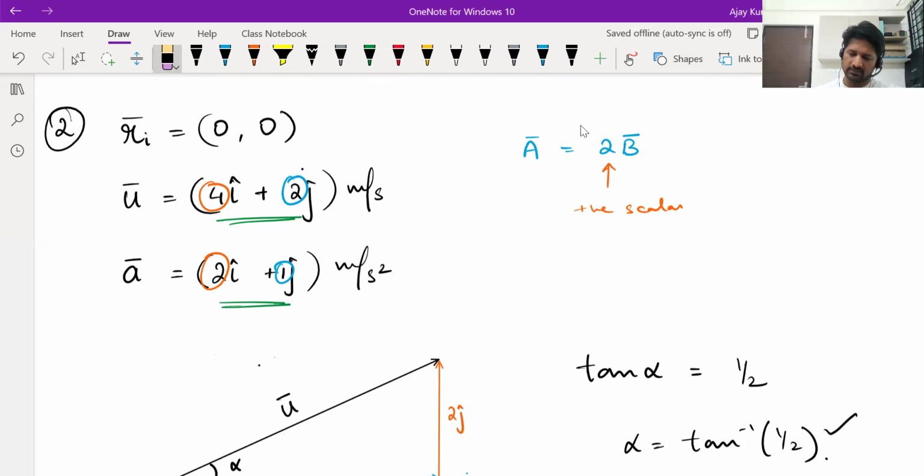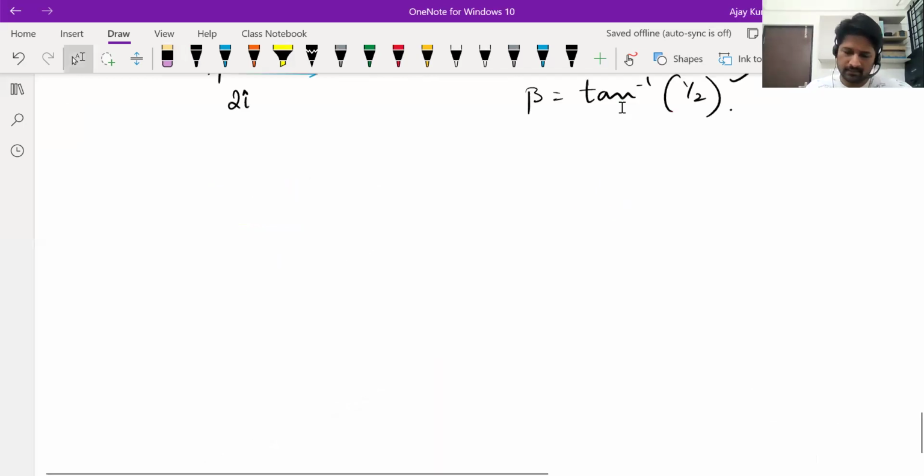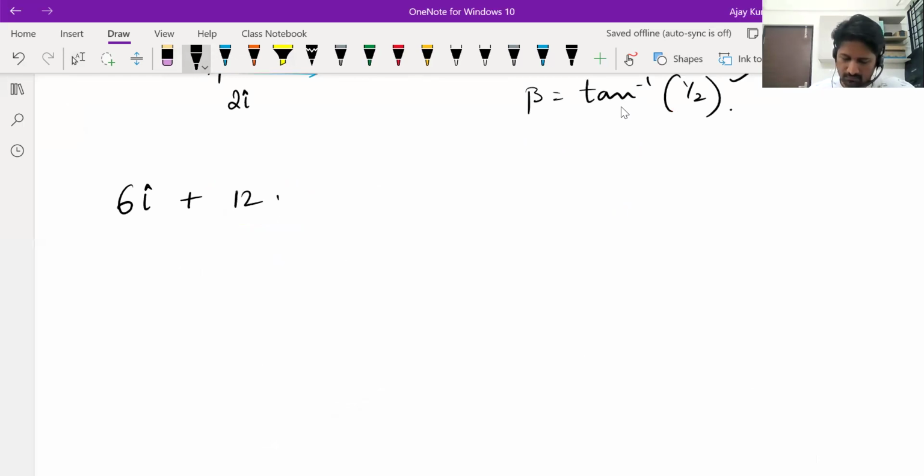Let's take one example based on this idea first, then we'll come back to this question. Are these vectors in the same direction?